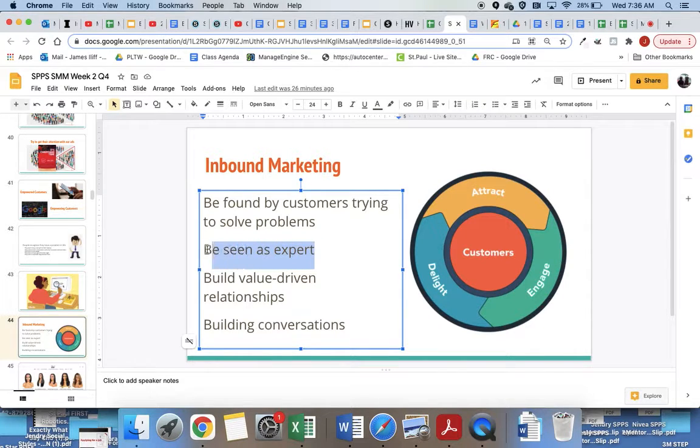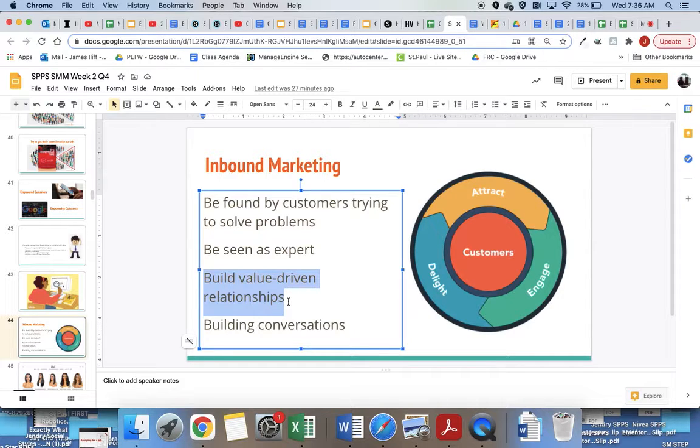When they find you and you help them solve their problem, you're seen as the expert. And that's really powerful in the mind of a prospect. People want to buy from experts. It also allows you to build value-driven relationships with your prospects. You're giving them some value.